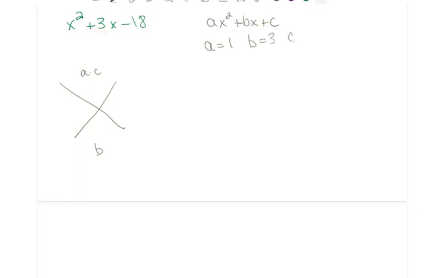Yep. And our c is our constant term, which is negative 18. Okay. So in our x, we got to figure out a times c. So a times c is going to give us negative 18. And our b is going to be 3.